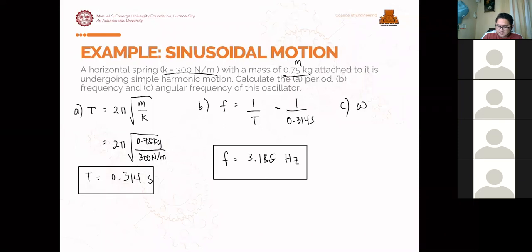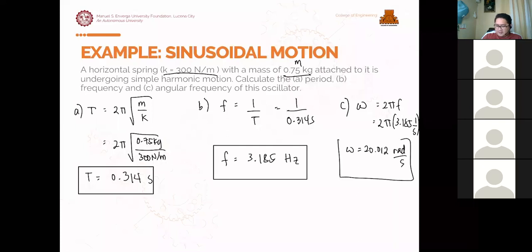2 pi F. So, substitute lang natin. 2 pi, value ng F natin is 3.185. Hindi natin gagamitin yung hertz, gamitin natin is 1 over second. So, equals yan sa... ilan? 20.01 po. 20.012 radian per second na lang gamitin natin.